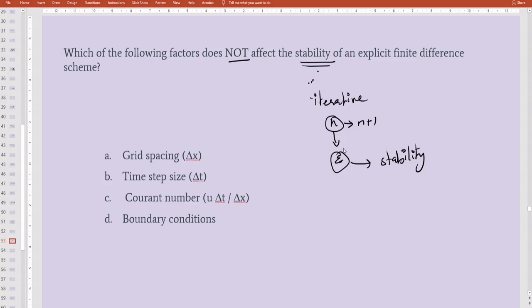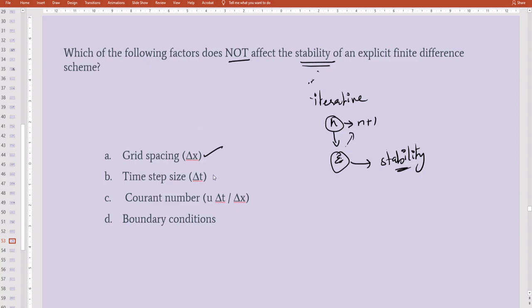Then we see how this error epsilon will be propagated to the following steps. Such an analysis is called stability analysis. This error epsilon is introduced to our discretized equations. In the discretized equation, grid spacing is important, so it will affect stability.